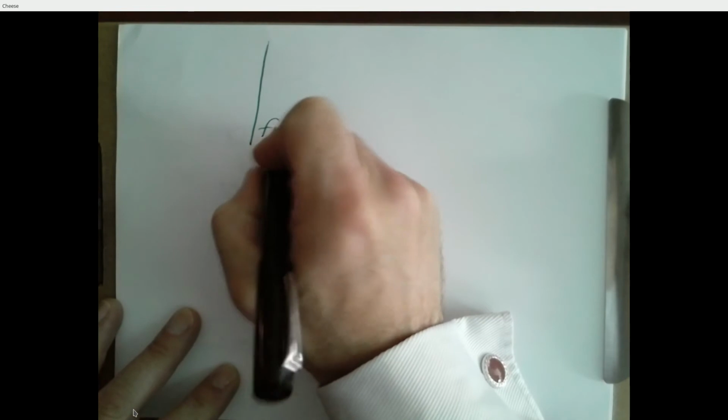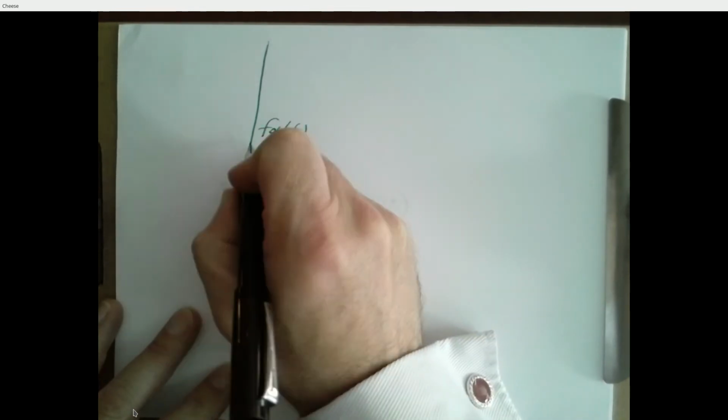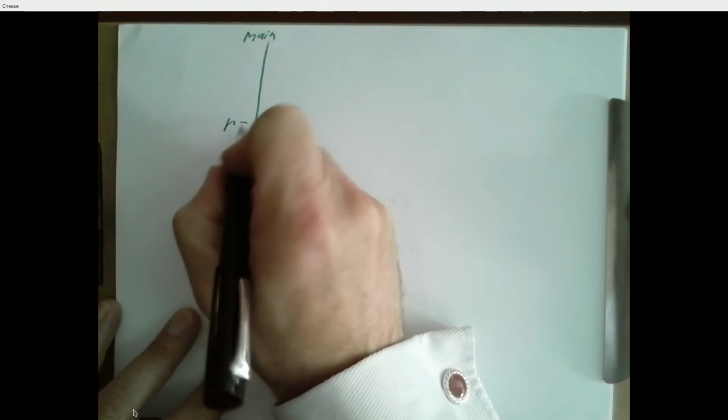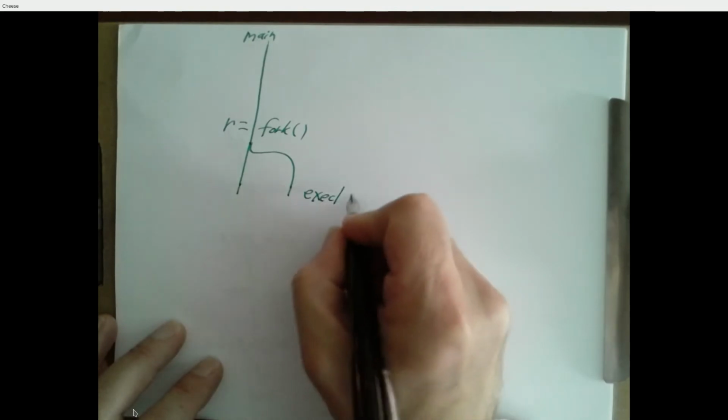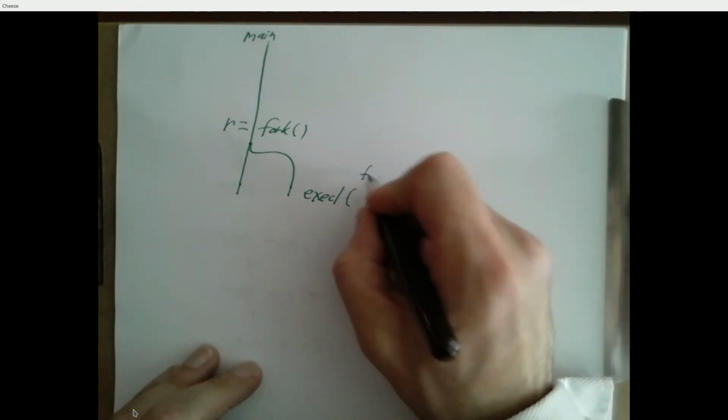So here's the next piece of the puzzle. So here's main, and we say fork. And we can look at the return value and we can identify whether we're a child or a parent. So there's another function call. It's called execl. And execl takes a file name and some other arguments, but primarily a file name.